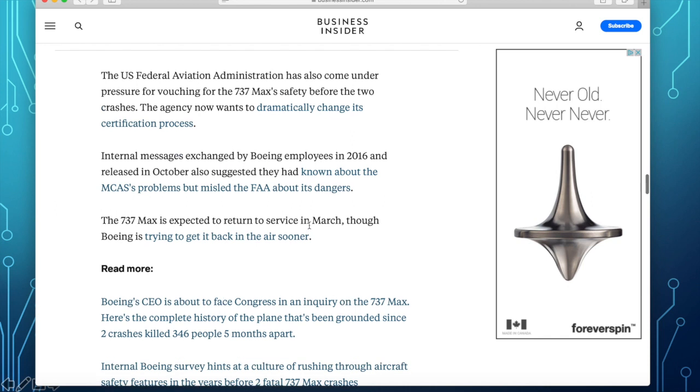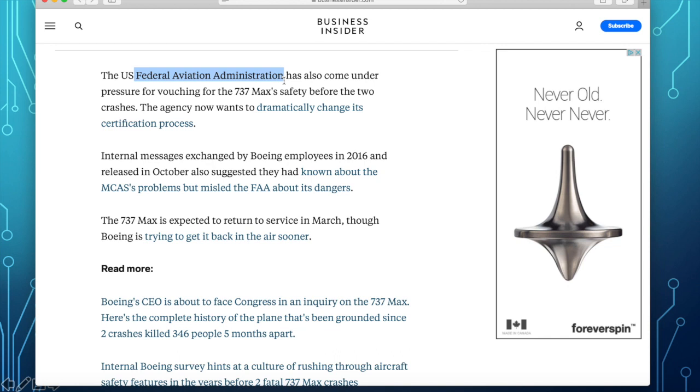And what happens is that the U.S. Federal Aviation Administration has kind of relaxed their regulation on testing with Boeing.